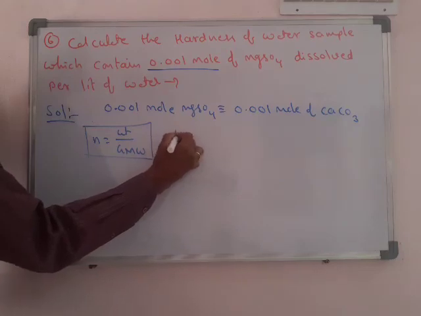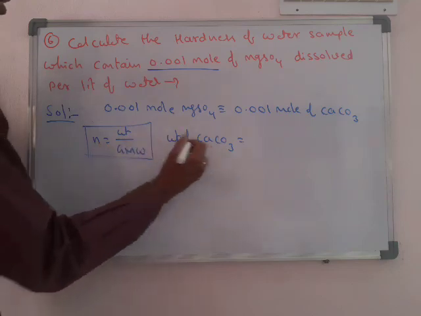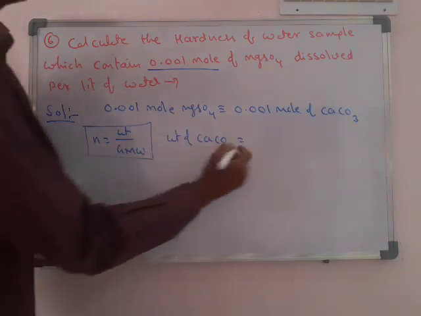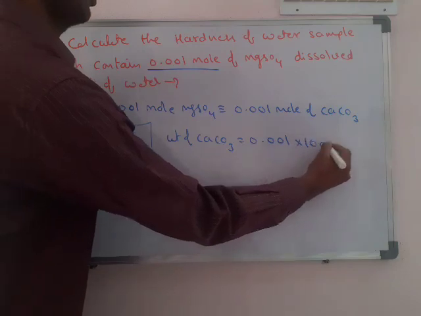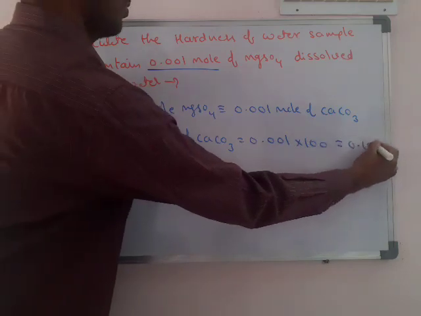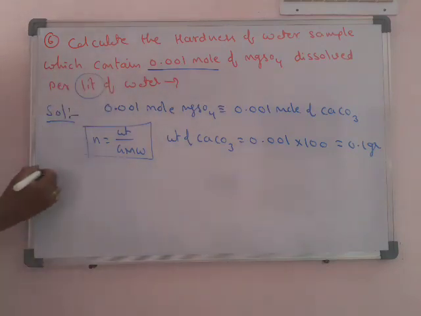Therefore, the weight of CaCO3 is equal to the number of moles into gram molecular weight, which equals 0.1 gram. Where is this 0.1 gram present? Per liter of water.